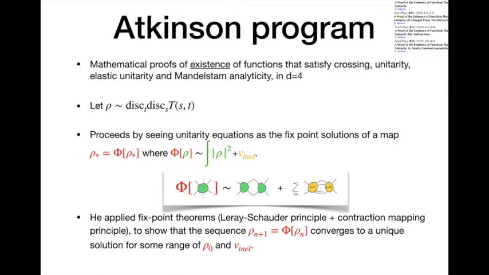And he applied fixed point theorems, more precisely the Leray-Schauder principle and the contraction mapping principle, to the sequence where you define the next step by the right-hand side of the step before. And he could show that this converges to a unique solution for some range of starting points and inelastic function.